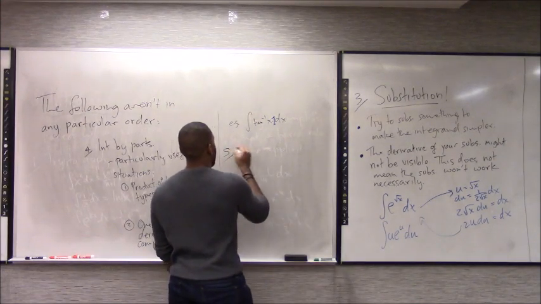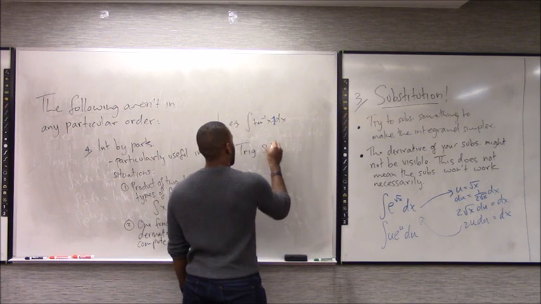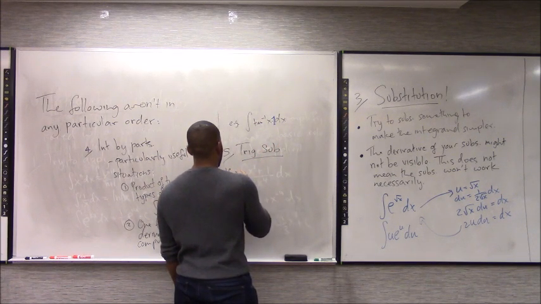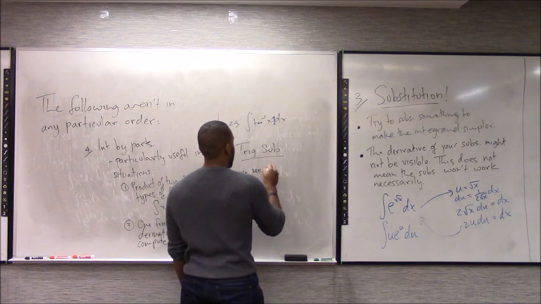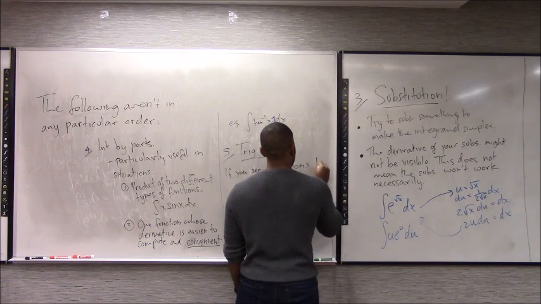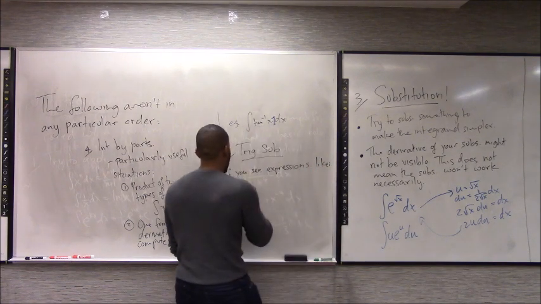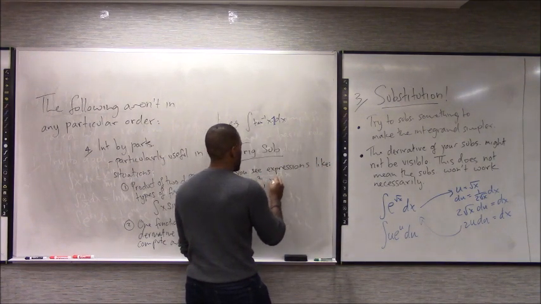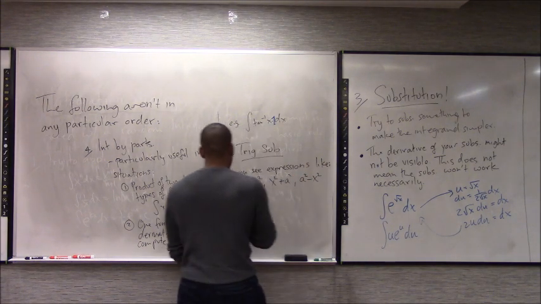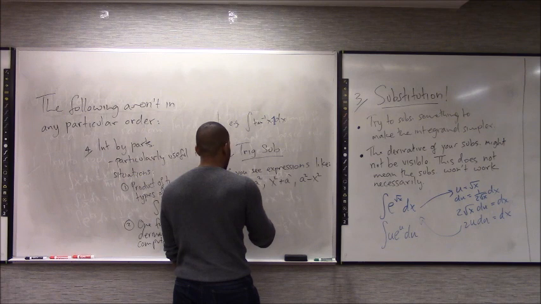Fifth thing you think about, trig substitution. So if you see expressions, the three basic expressions, like x squared minus a squared, x squared plus a squared, a squared minus x squared, especially if these guys are trapped inside of radicals or something.